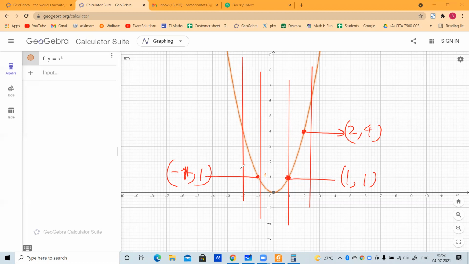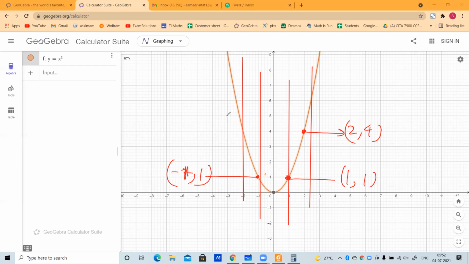Whenever you draw the vertical line, if it doesn't pass through more than 1 point, then it is a function. If it passes at only 1 point, it is a function.